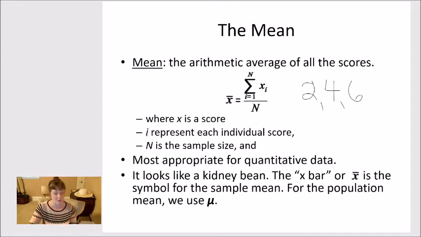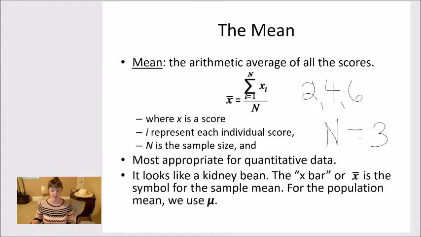And so I have 3 people, so n equals 3. I call this big mama N because it's uppercase N. It always stands for how many scores there were, how many people there were. And so I have 3 scores here.